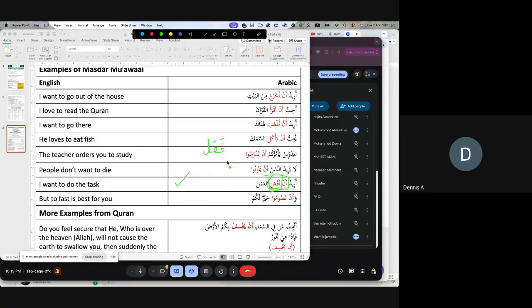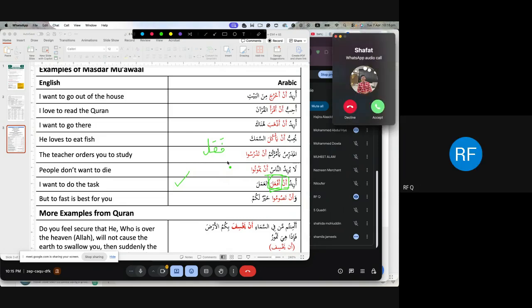Then yaf'alna, Mudari. Yaf'alna. So 3 done. Tafalu, tafalani, tafaluna. Good. Tafalina. Yes, anti is tafalina.